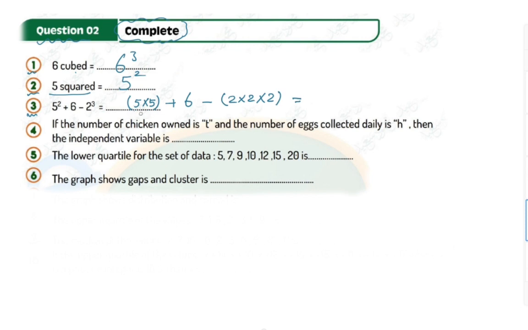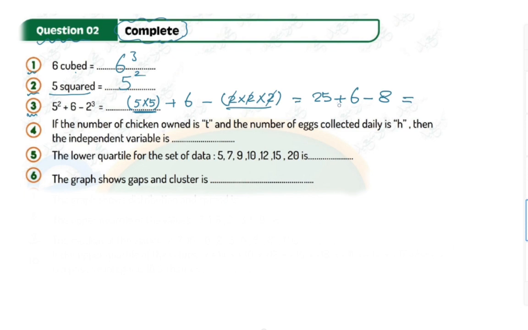Now I will find the result of these exponents, step by step. 5 times 5 equals 25, plus 6, minus 2 times 2 times 2. 2 times 2 equals 4. 4 times 2 equals 8. Now we have 25 plus 6 minus 8.